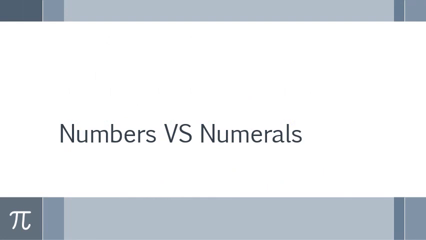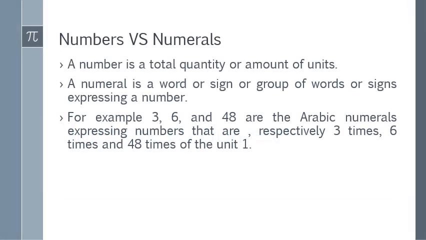Now, before going to the further details of pharmaceutical calculations, we must have the concept of numbers and numericals. A number is a total quantity or amount of units, like 3 tablets, 6 tablets, or 48 tablets. By words, we can say 3, 6, or 48. But how will we write it, how will we represent it on paper?